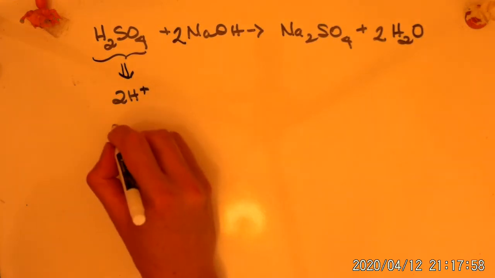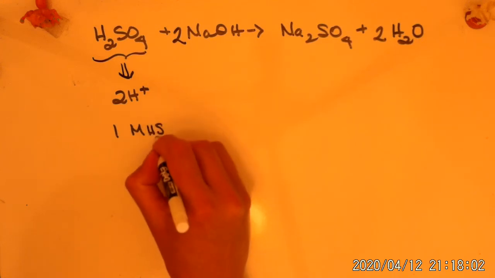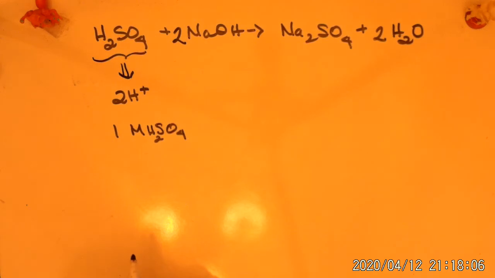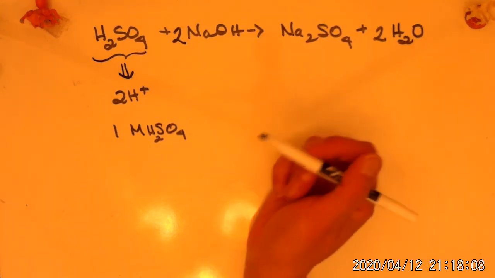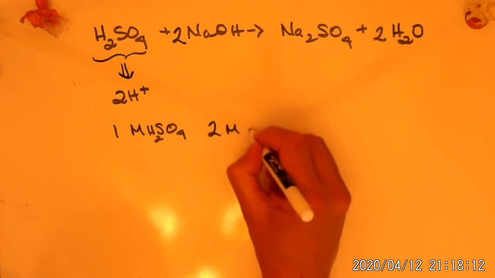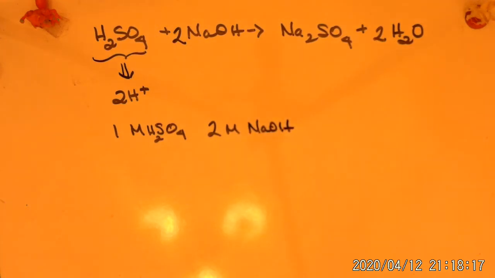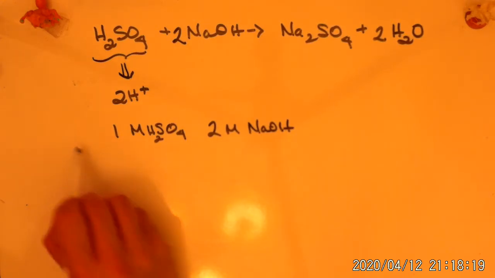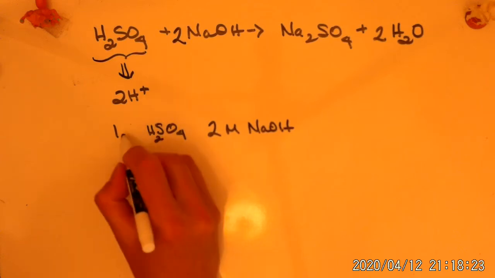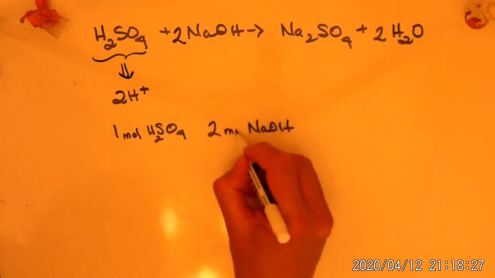What that means is when I react 1 molar sulfuric acid with sodium hydroxide, I need 2 molar sodium hydroxide to react completely with it. Or if I say 1 mole, I need 2 moles of sodium hydroxide.